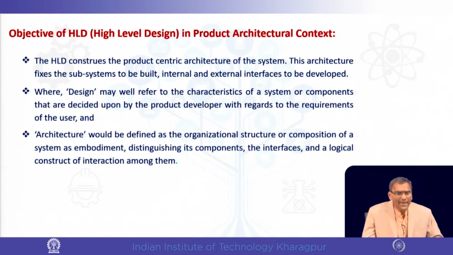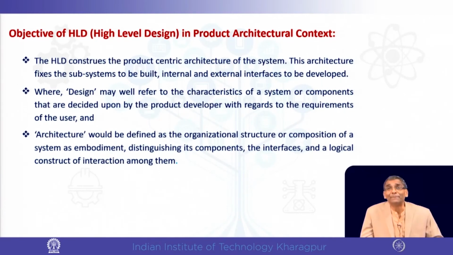And design may well refer to the characteristics of a system or components that are decided upon by the product developer with regards to the requirements of the user. Now, here we have said what design is, and we have said what the architecture is.